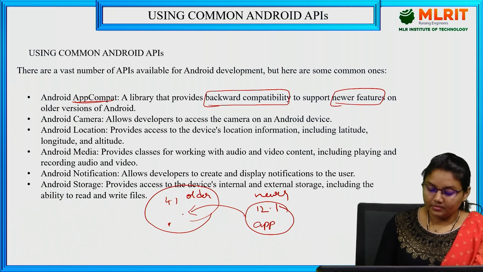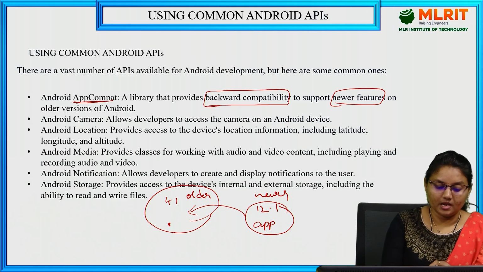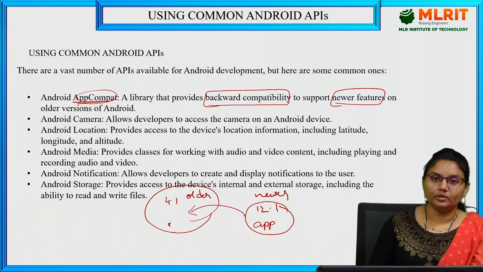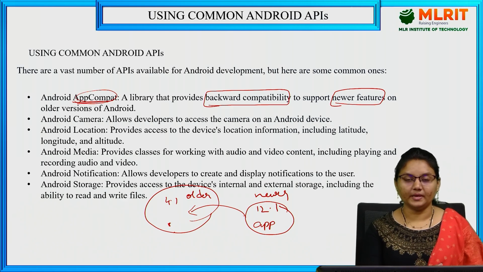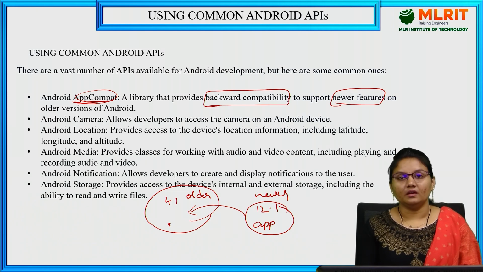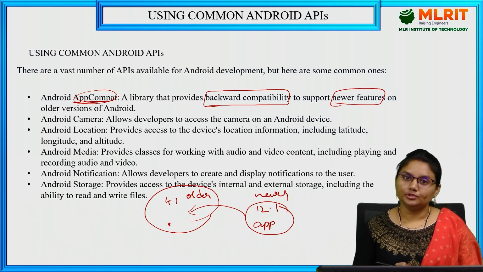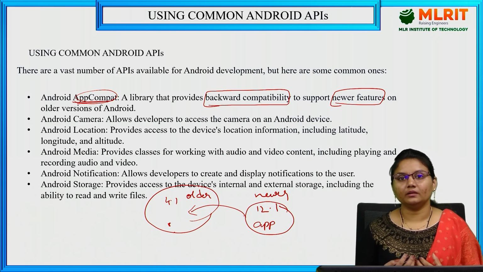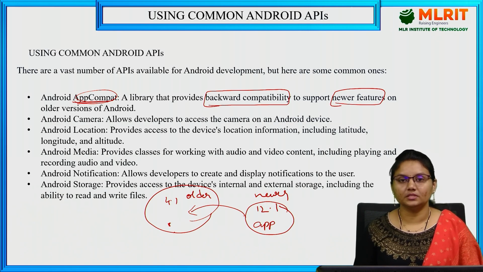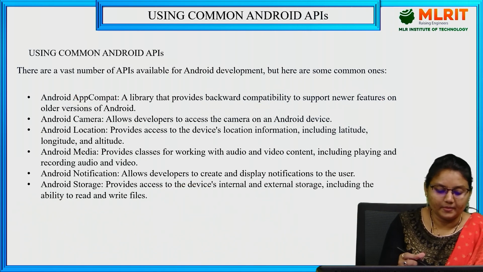We can make use of this application only with the help of AppCompat. So it provides backward compatibility to the older versions. Newer applications will be compatible with the newer versions, but applications should be supporting the older versions also, for which we need this API, AppCompat.